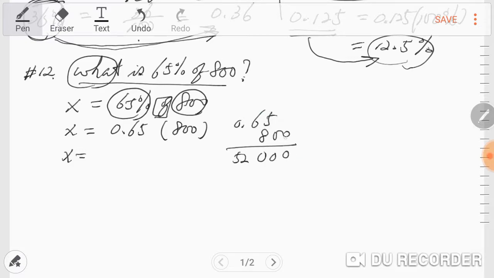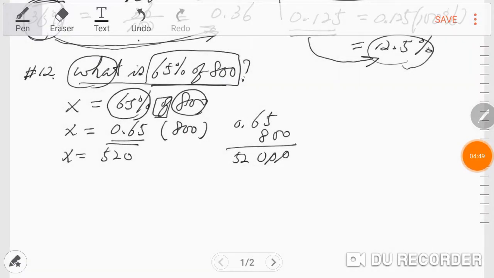There are two decimals, so get rid of 2 zeros, so 520. So 65% of 800 is 520. Before we multiply, convert 65% into decimal, 0.65, and multiply the base 800.